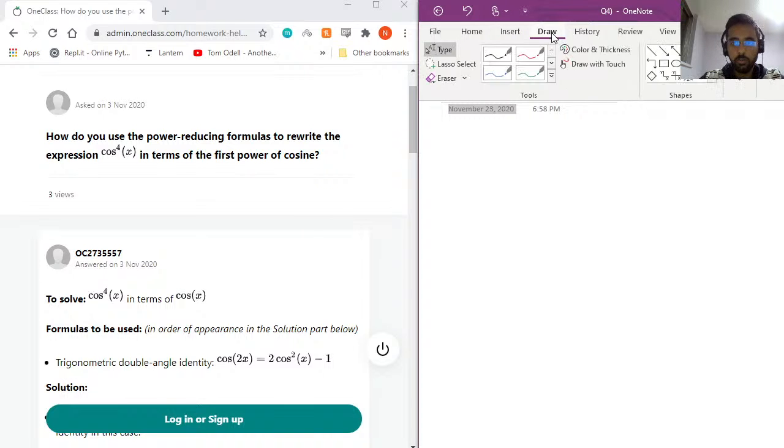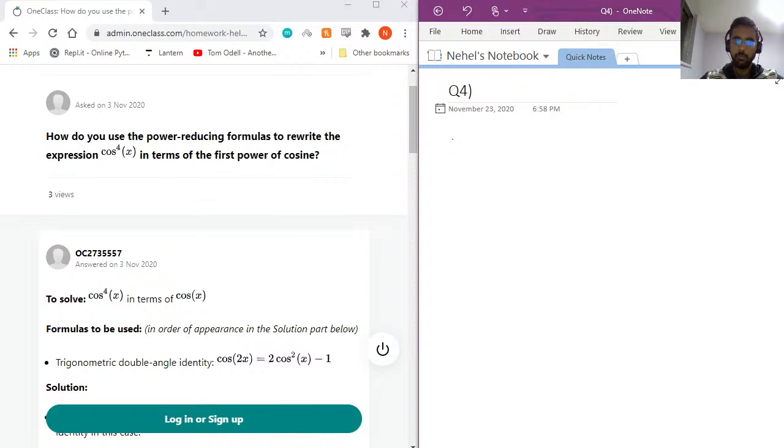So we need to know for this question one of the most commonly used trigonometric equations for cos 2x. So we need to represent cos 4 of x in terms of cos of x.